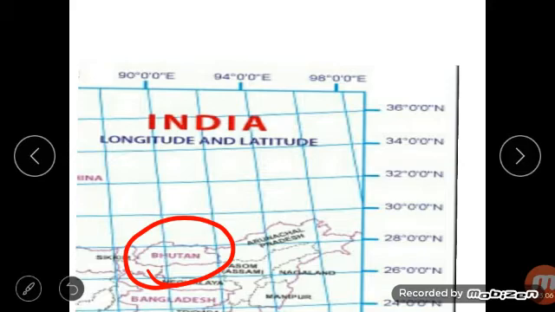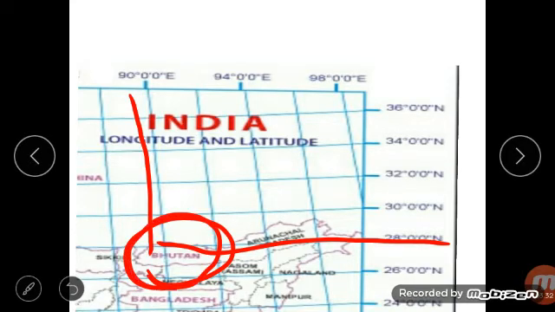The longitude is 90 degree east here, and the latitude is 28 degree north. So you know the exact location by latitude and longitude, and easily you came to know the location of the place Bhutan.